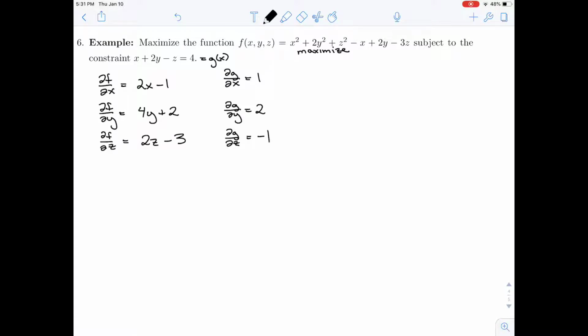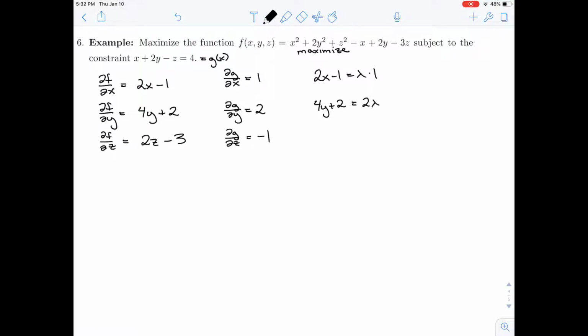So if the derivative of f with respect to x is supposed to be a multiple of the derivative of g, 2x minus 1 equals lambda times 1. And if the derivative of f with respect to y is supposed to be a multiple of the derivative of g with respect to y, then 4y plus 2 should equal 2 lambda.